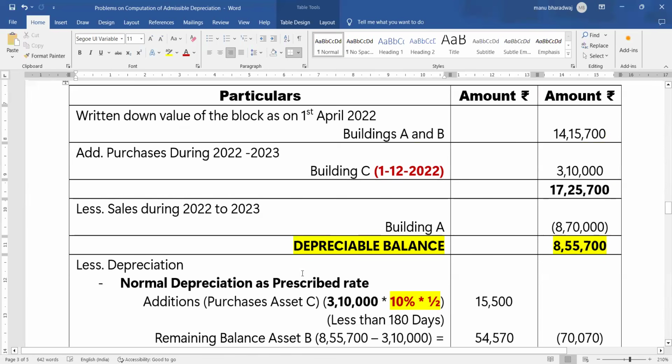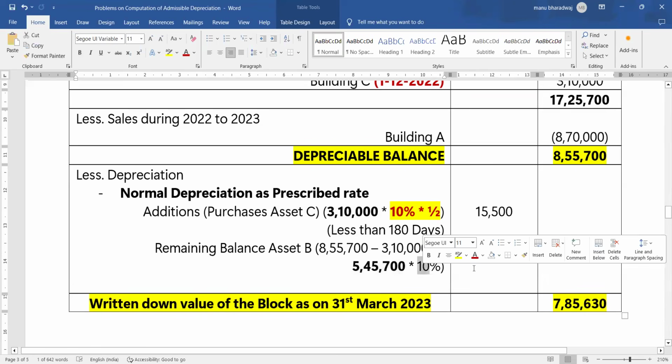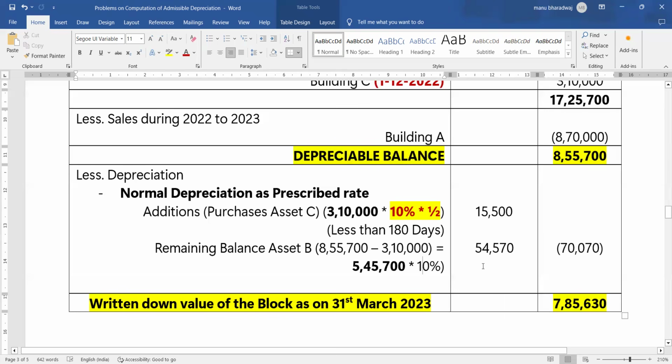Building A is sold, so remaining is only building B. So what is the depreciable balance? It is 8,55,700 minus 3,10,000, on which I've already put the depreciation. So that 3,10,000 part I will remove. The remaining will be 5,45,700. On that I will levy 10% depreciation. Hope you have understood how to calculate the depreciation.